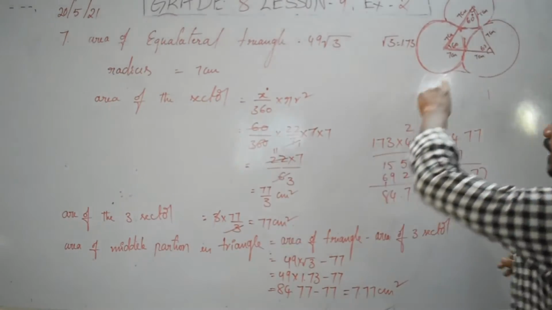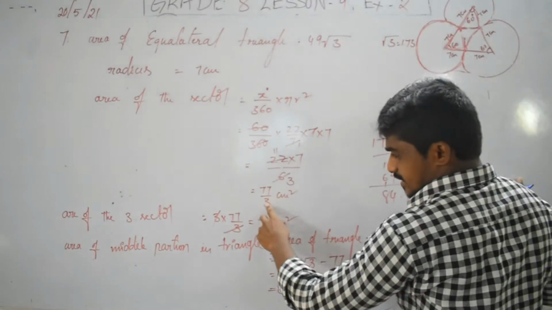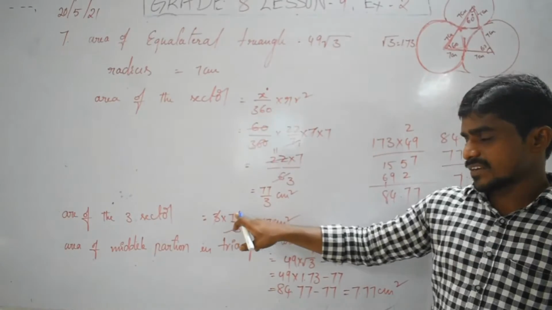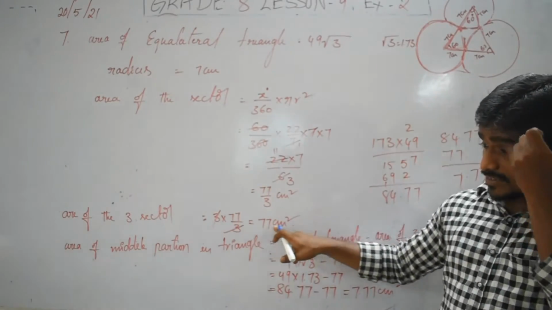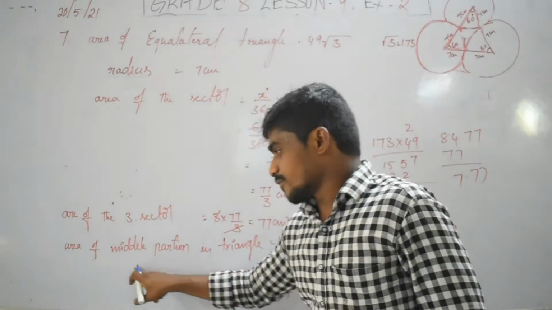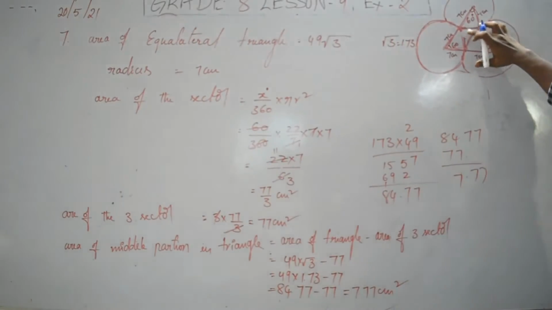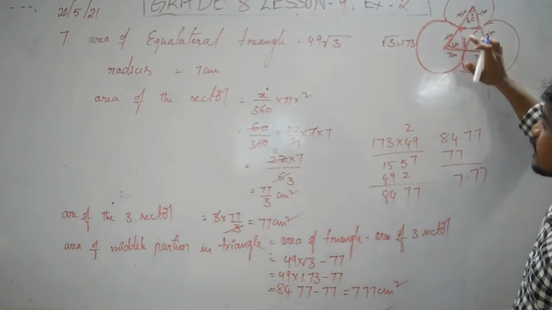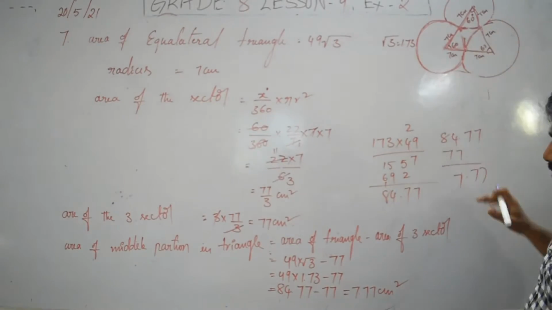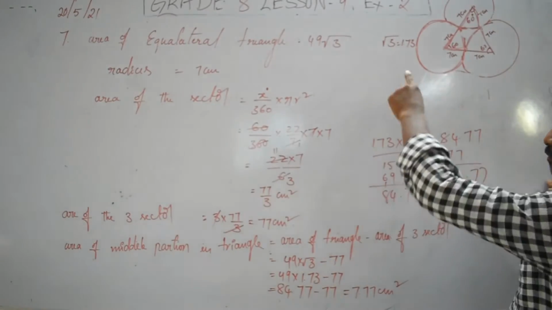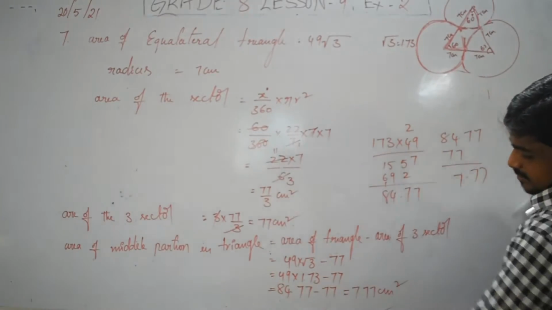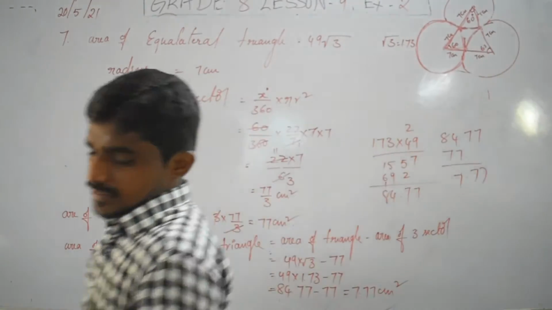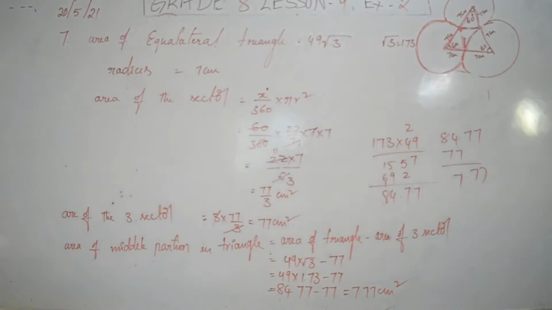So one sector area is 77 by 3, and 3 sectors area is 3 times 77 by 3, which is 77 centimeters square. Area of the middle partition of the triangle is equal to area of the triangle minus area of the 3 sectors. So 49 times 1.73 minus 77 gives 7.77 centimeters square. Right.